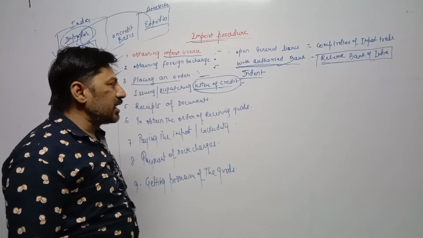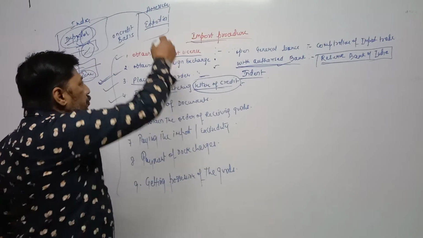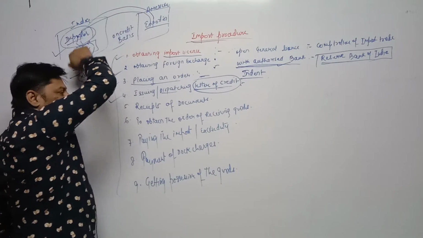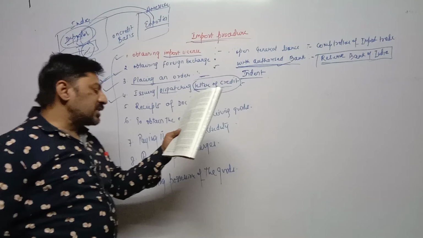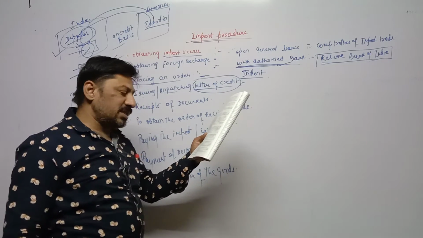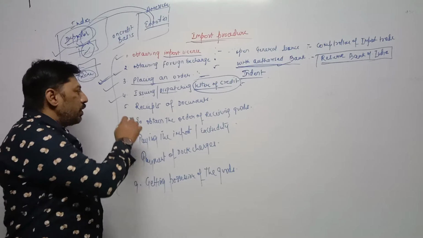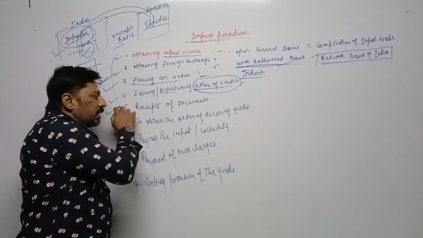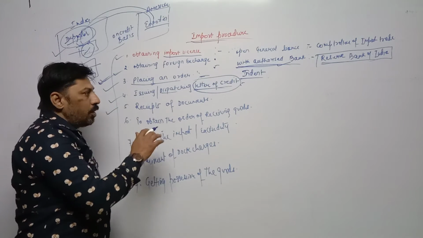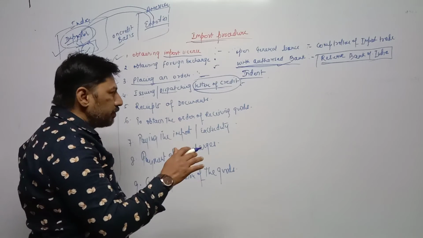Then, after getting the letter of credit, the exporter sends some documents. That is called receipts of documents. The exporter sends all required documents. All required documents means we have already dispatched, packed all the goods which you want.